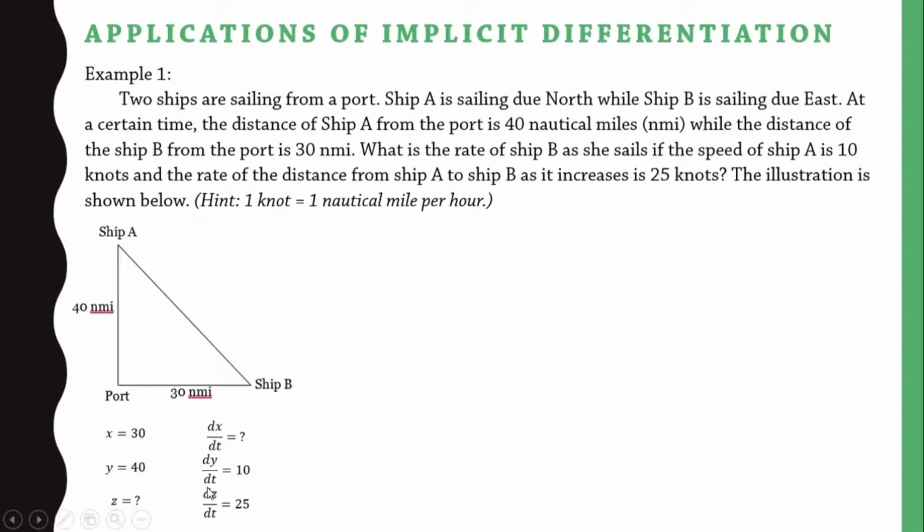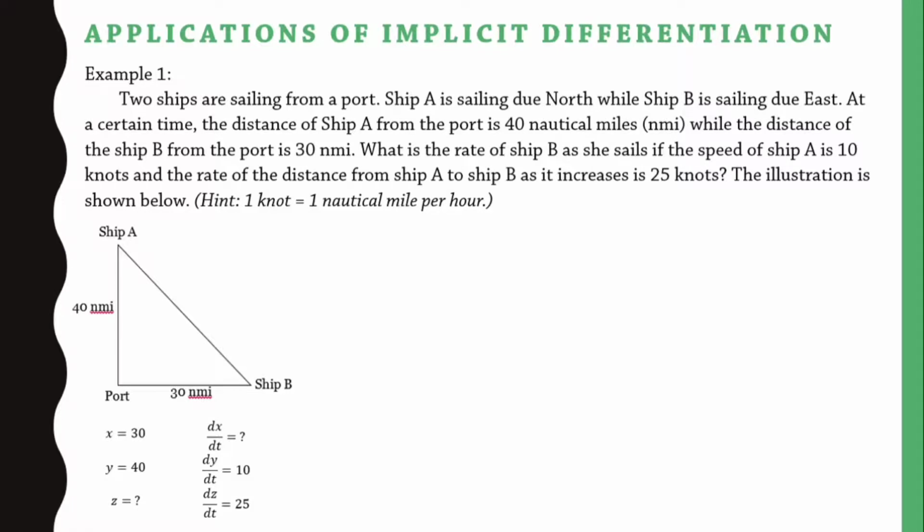And dy over dt, the rate of ship A, is given here as 10 knots, and z is the distance between ship A and ship B, which we do not know yet, and the rate between ship A and ship B is given as 25 knots. So that's why we have dz over dt as 25.